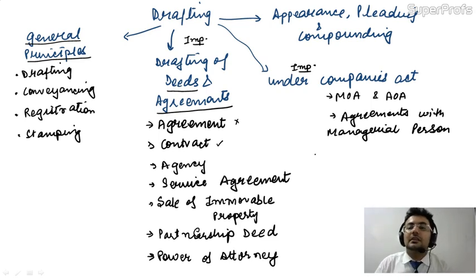So there is an agreement with managerial persons related to their composition. Preparing an agreement related to top level management, you can easily figure out what kind of work this is. This totally requires huge expertise, using words very minutely, and you should be very careful when using that kind of words. Okay.